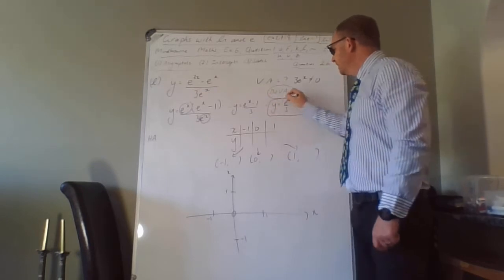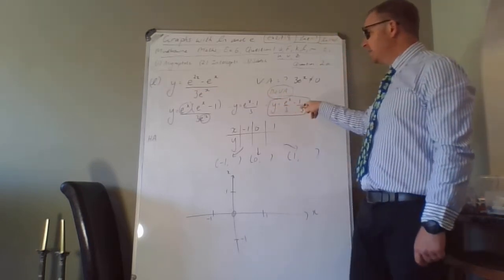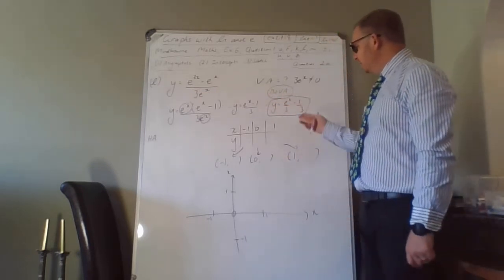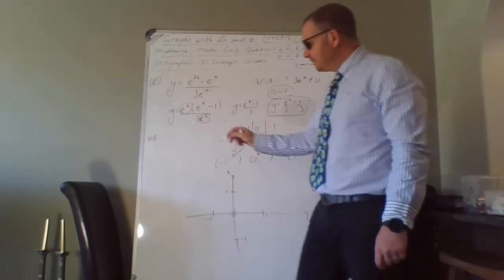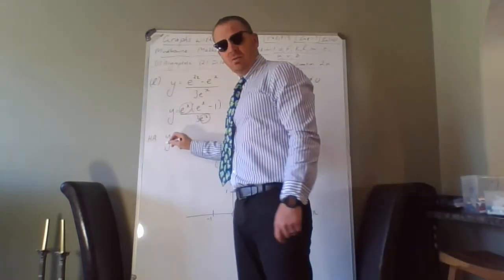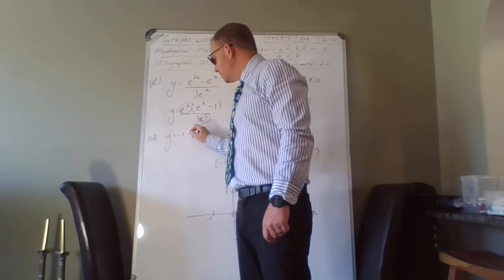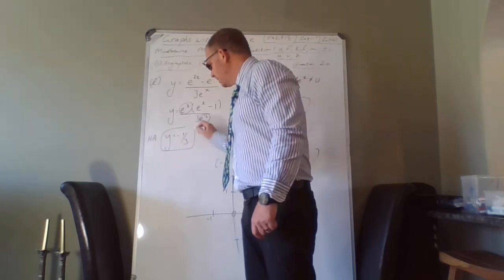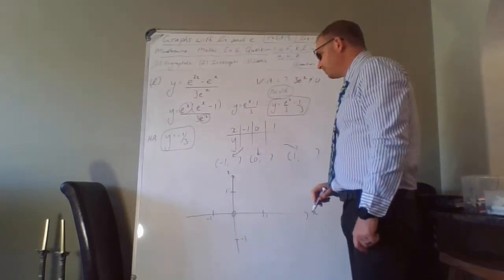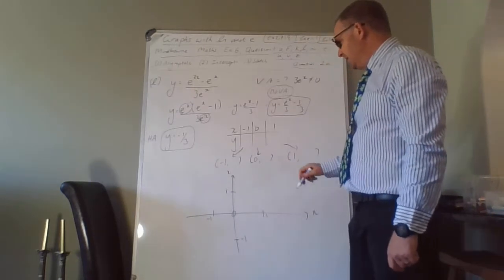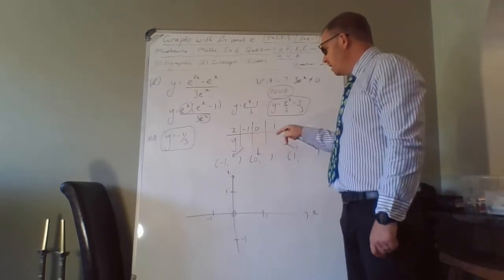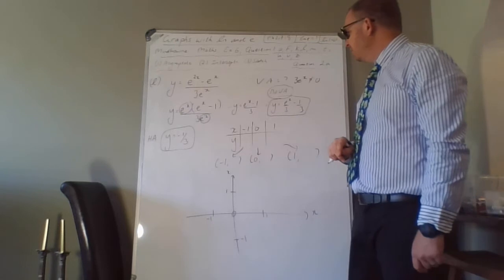So that is a form of the equation where we can now identify the vertical shift, which is negative a third down. So your horizontal asymptote is y is equal to negative a third. Okay. Right, then, I always do that table for exponential graphs.